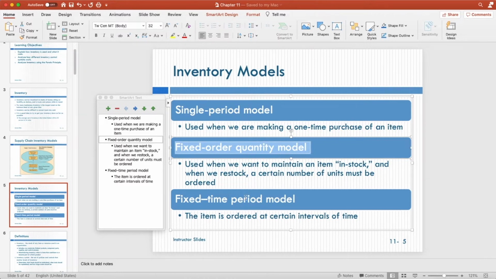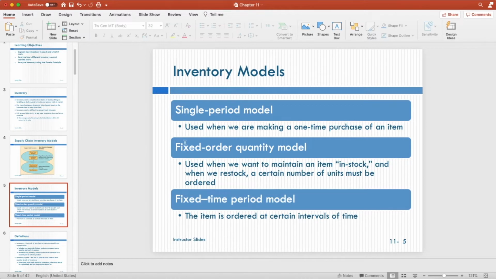But in the fixed time period model, the time period between two order events is fixed, but the order amount that each time you order is variable. You see the difference between these two, right? The key feature is actually opposite.